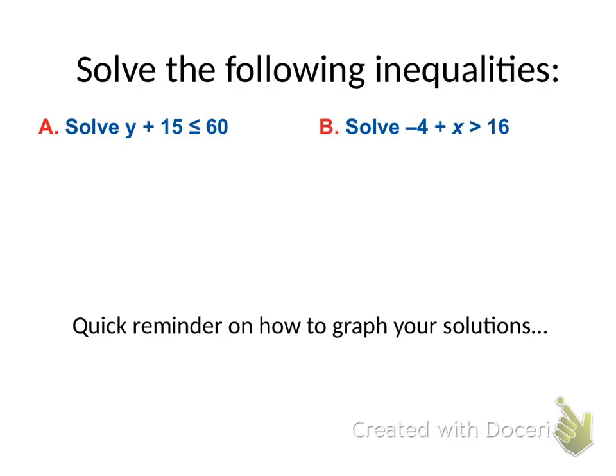So to solve this, we want to get the y by itself. So we're going to subtract 15 from both sides. 15 minus 15 is 0, so it'll disappear, and we'll be left with y using the same exact symbol, and then 60 minus 15 is 45.